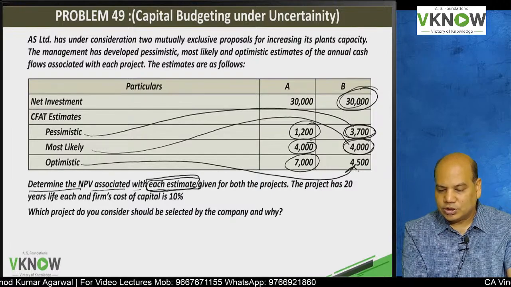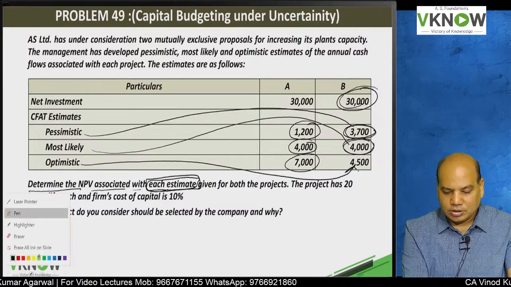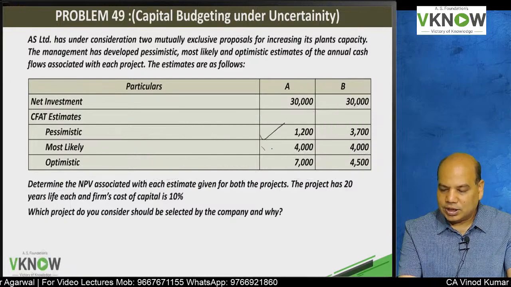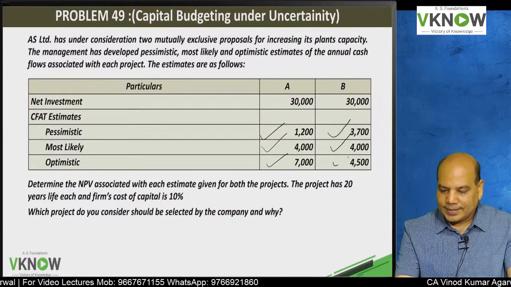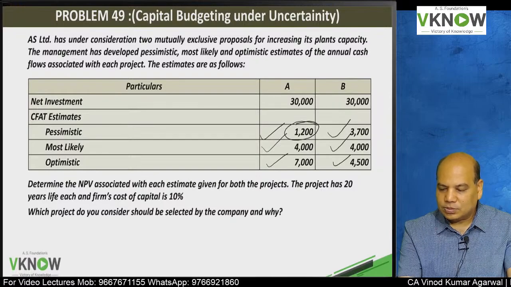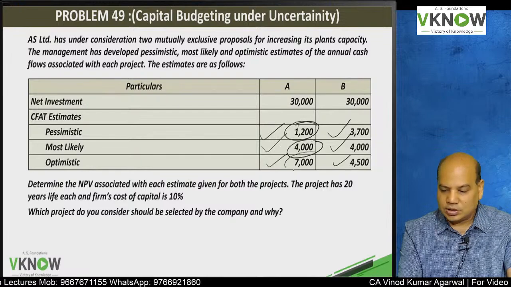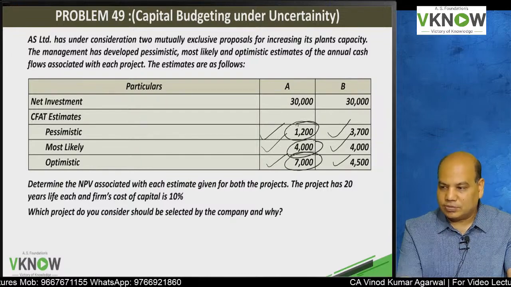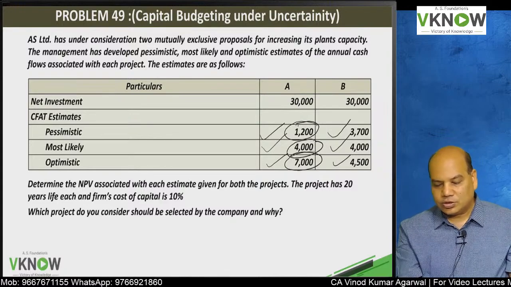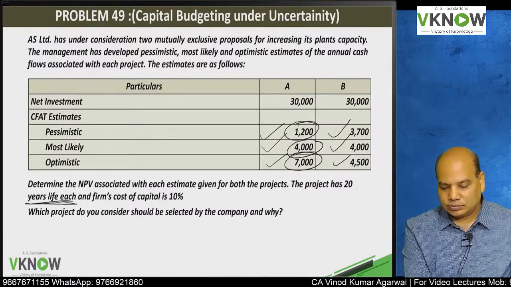NPV associated with each estimate means you will have to calculate 6 answers. If this is the cash flow, what is the answer? Same thing for B. The project has 20 years life each.